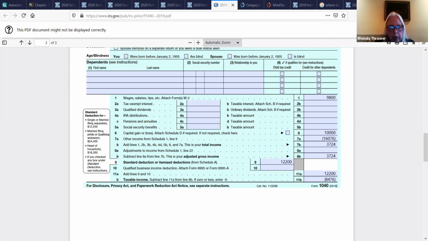And then on line 10, it says enter the smaller of line 5 or 9. The smaller is line 5. So we're going to put 16,076 here, and that goes on line 10.